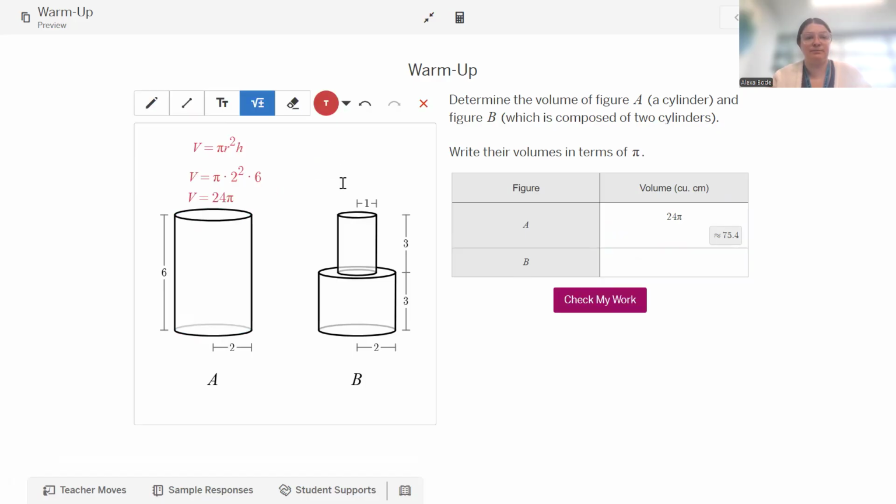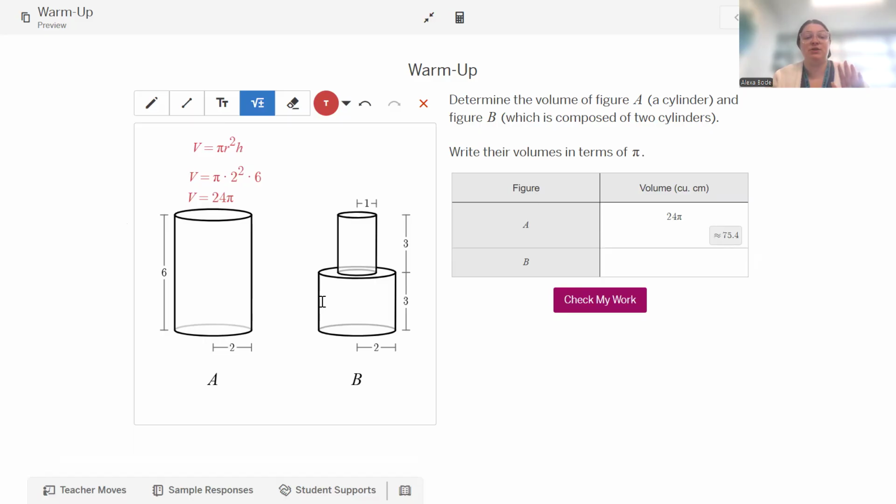Okay. This one is slightly different because we have a base cylinder. It's got the same radius, 2, and then the height is half of that. Then the cylinder on top has a radius of half of that, and then the other half of the height. So the height between both of them is the same height as this total one.